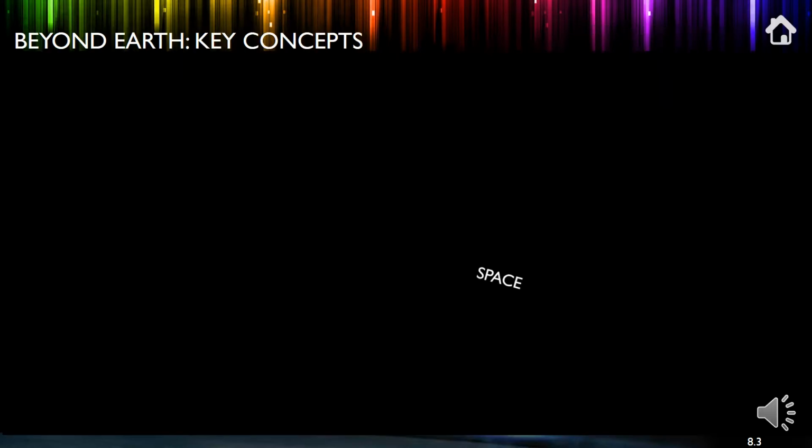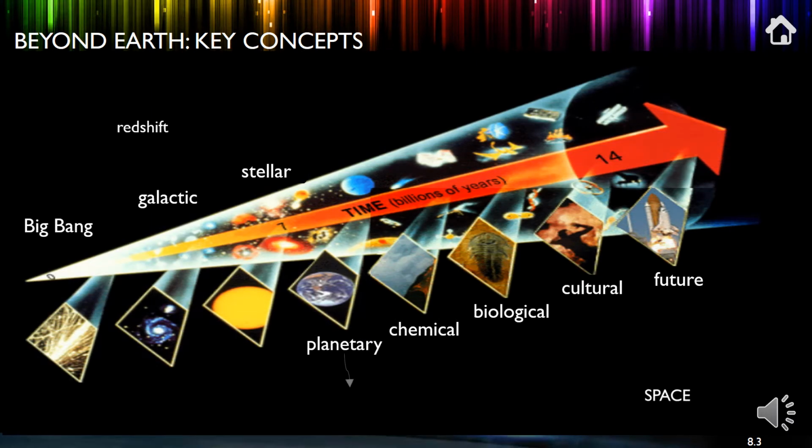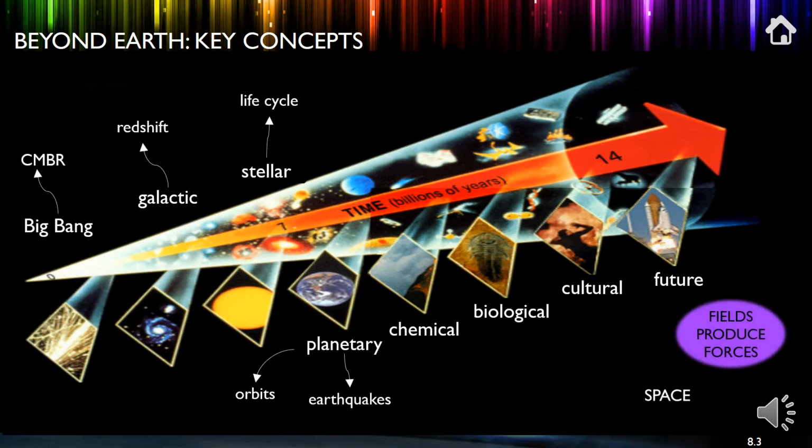Now this first central image is one from Harvard University, and they did a project on this, and what they tried to show was different types of evolution. Now we've got biological evolution, which we're quite familiar with, but they tried to use this word and they stretched it out.